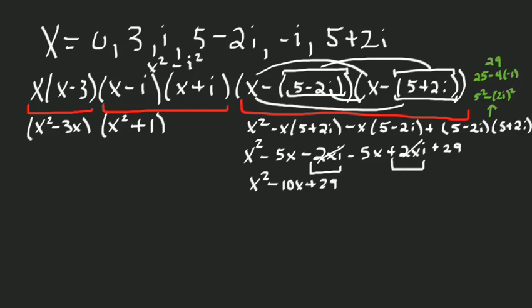Right? So we multiplied that whole last part together and we got x squared minus 10x plus 29. We're not done. Not even close. And so I'm going to bring all of this together because I've got to still multiply all of these things together. I'm going to go ahead and multiply this group together because it's going to be easier if I go ahead and do that.